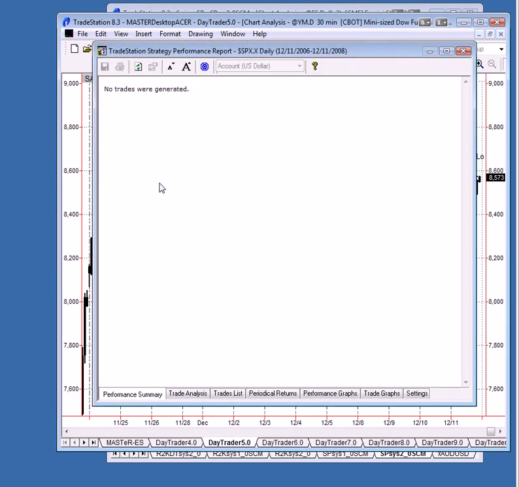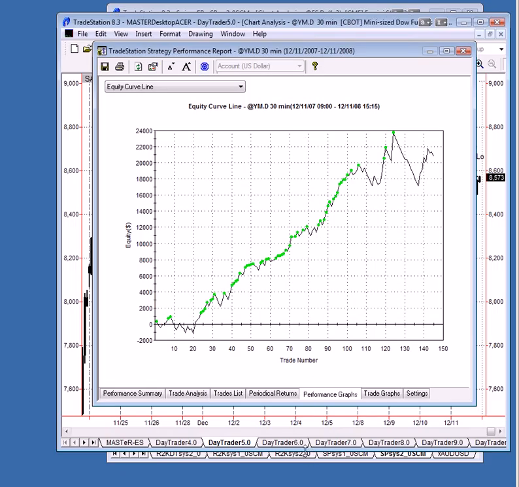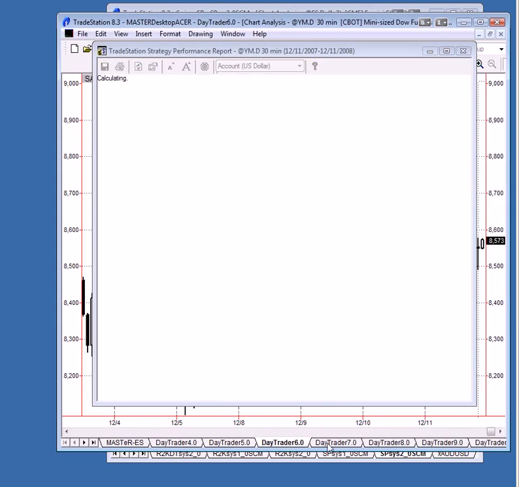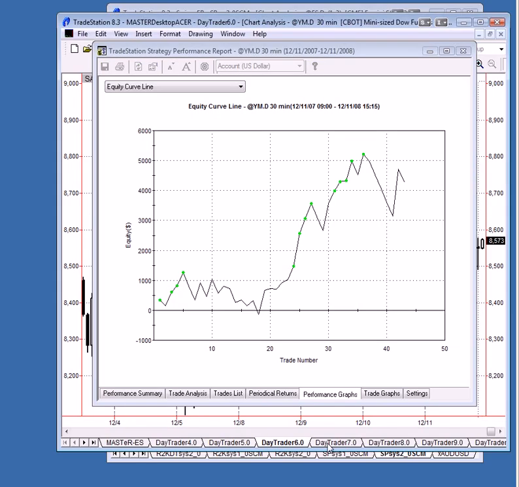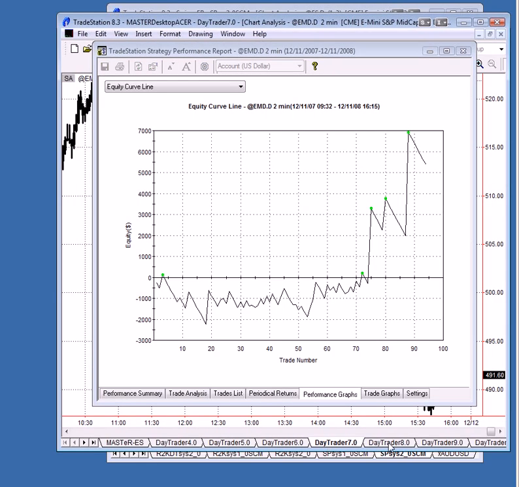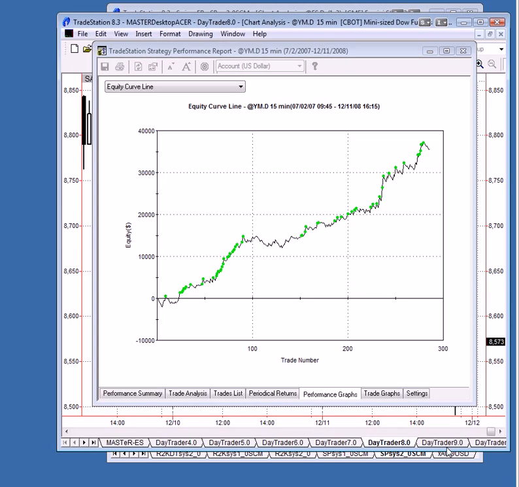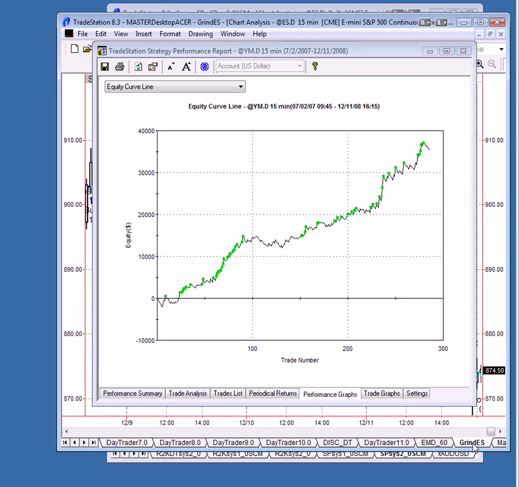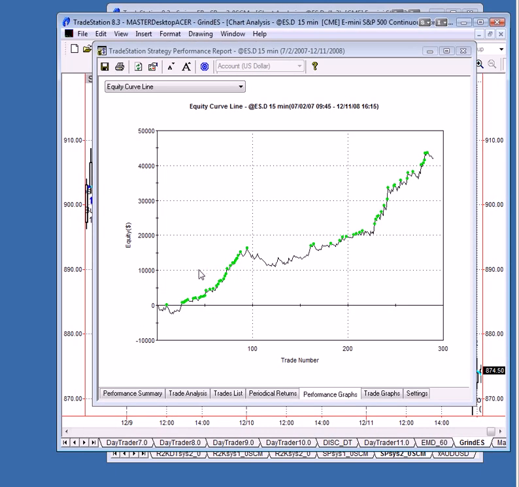There we go. Day Trader 5.0, just amazing moves. 6.0, just wanted to show you guys a couple of these. 8.0. Let's see if there's anything else we wanted to look at. Maybe the grind. Grinding out profits. So there you have it.